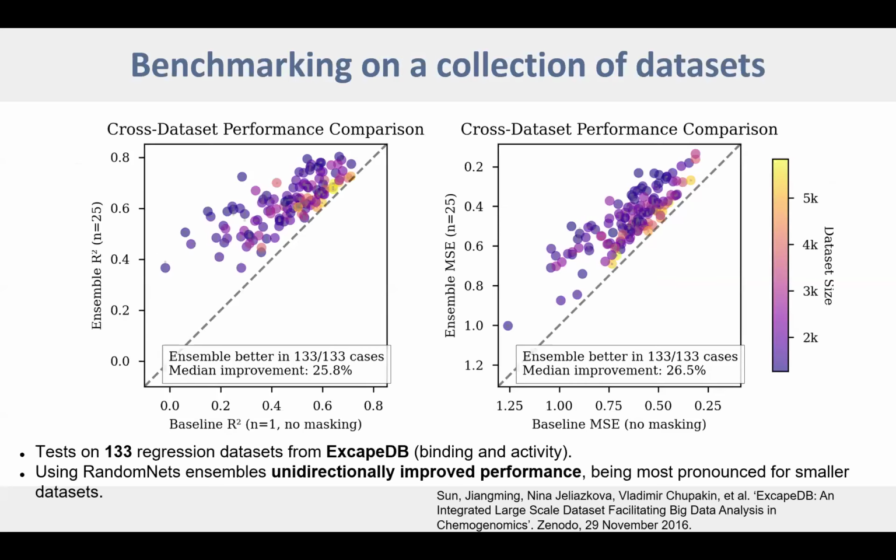One data set is, of course, good to show that we get some performance improvements, but I also wanted to check if this holds true for other data sets. So I used 133 regression data sets from ExCAPE-DB, where I knew that they could build reasonable models.